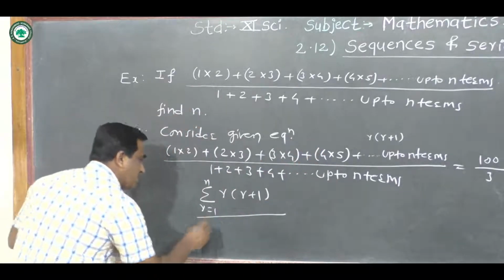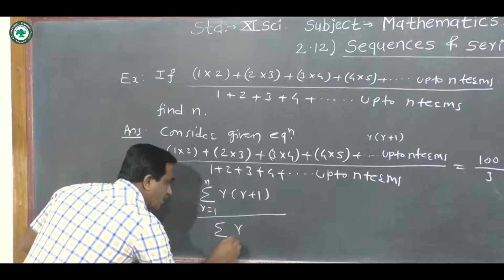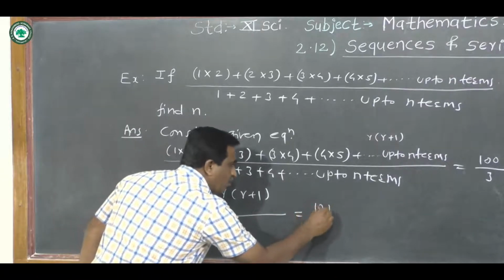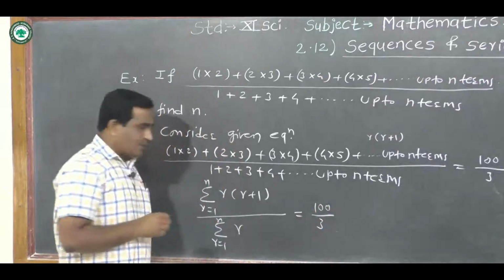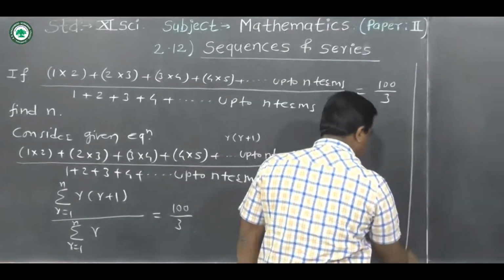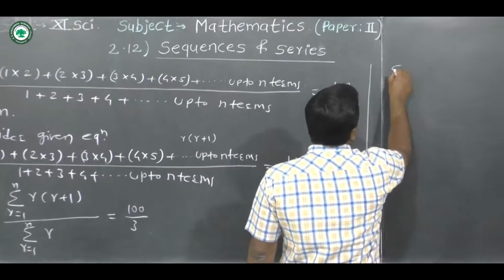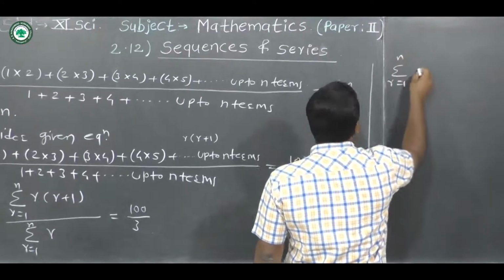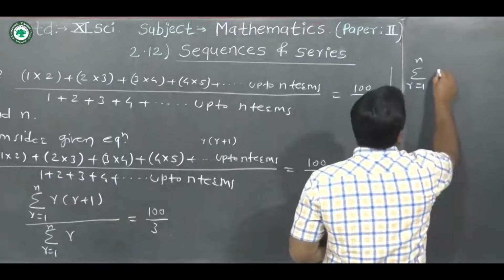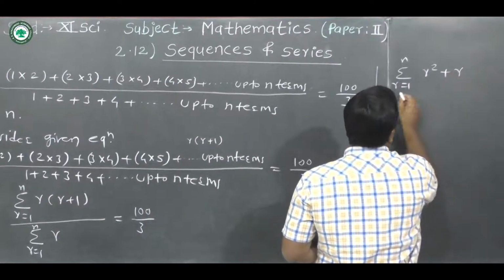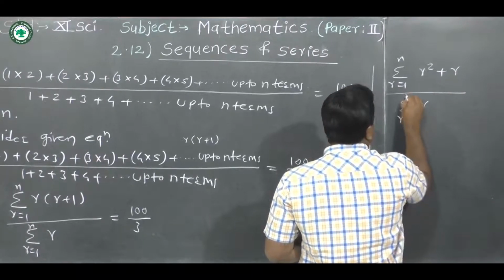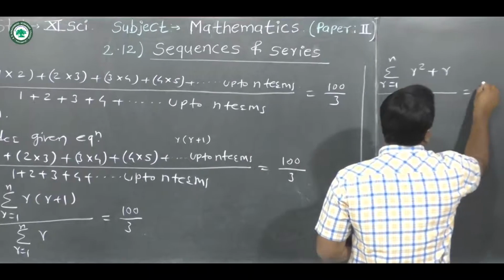We can write this in summation form again, summation r goes from 1 to n, equal to 100 upon 3 as it is. Okay. Now we can take the product here, that is summation r goes from 1 to n of r square plus r, upon summation r goes from 1 to n of r.